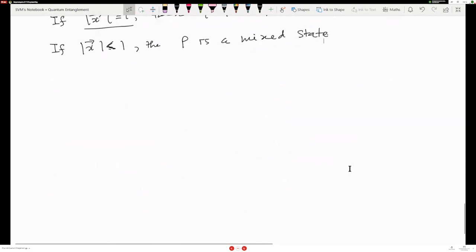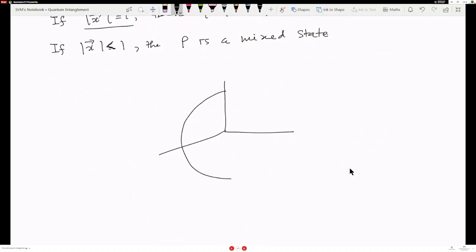Because of this, we can imagine the following situation, that we have a Bloch sphere, and starting from the origin, the center of the sphere, we have a vector. This vector is what I'm calling the x vector. Now this x vector has components x1, x2, x3.